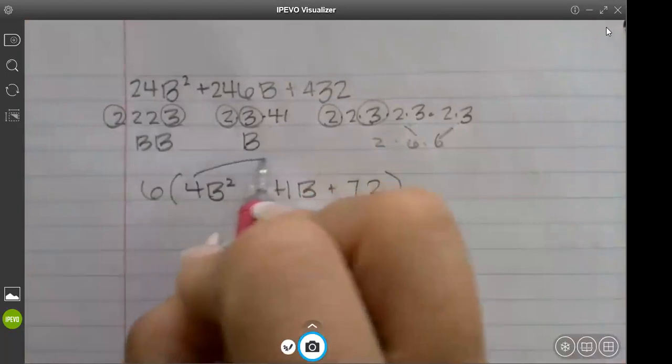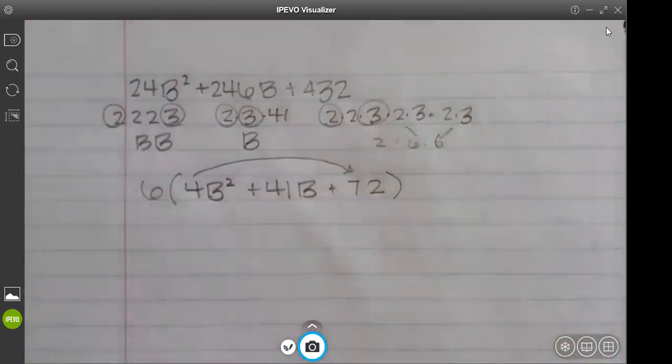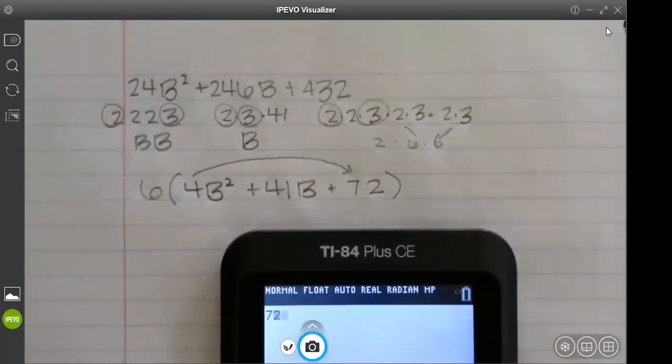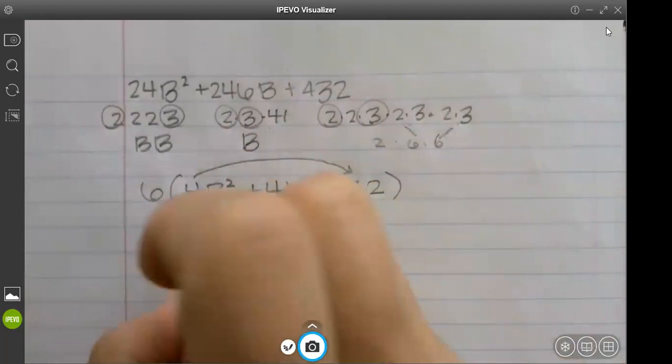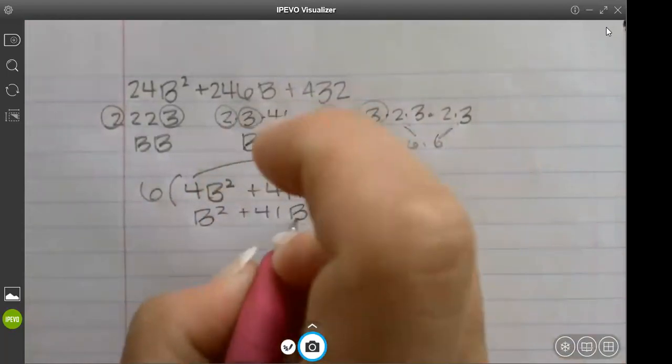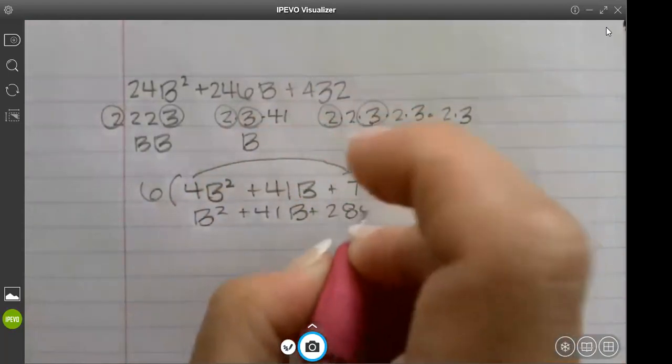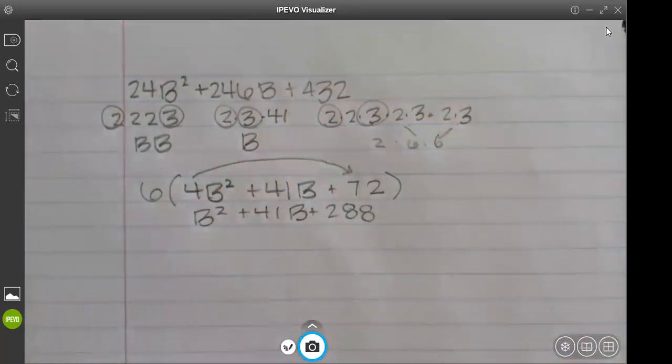I'm going to slide and divide. So slide this 4 over. 72 times 4 is 288. So we have b squared plus 41b plus 288.